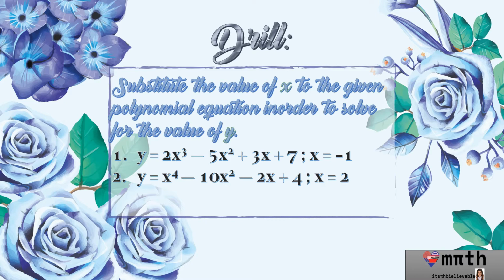For number 2: y is equal to x raised to 4 minus 10x squared minus 2x plus 4, wherein x is equal to 2. Now, I am going to give you 3 minutes to answer this one.